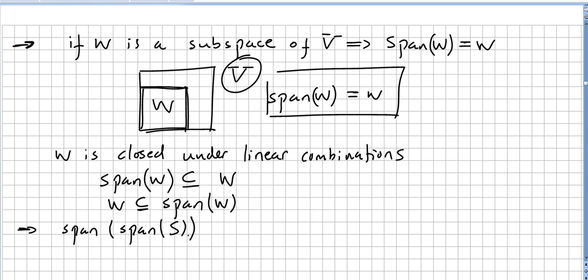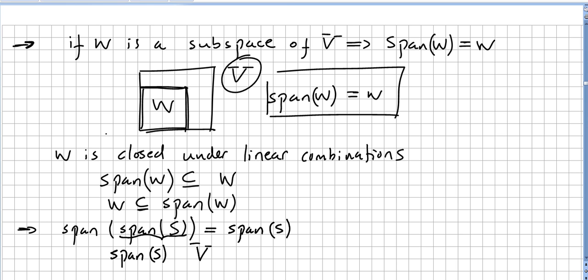So the span of the span of S is the span of S. And this is easy to see because the span of S will obviously be a subspace of V, right?